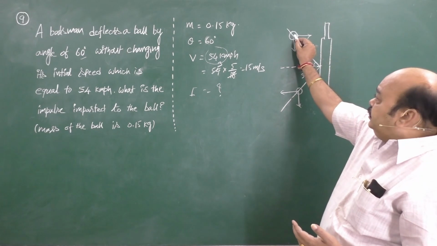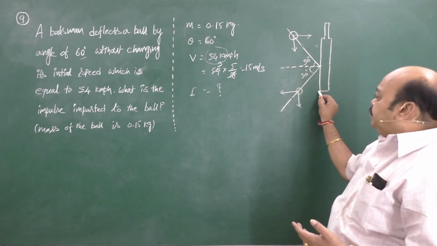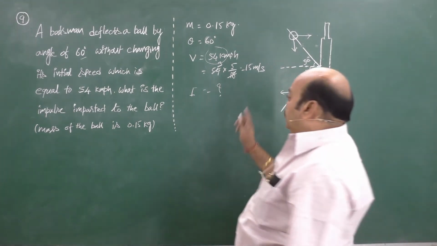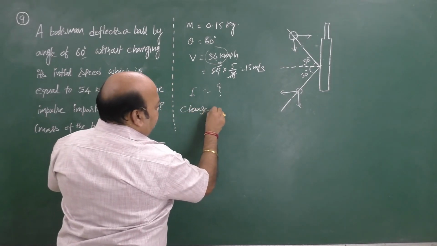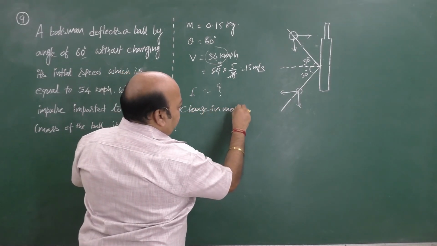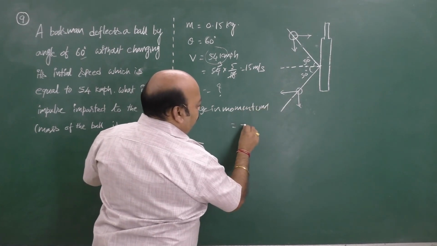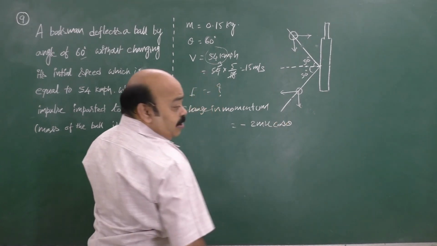If we consider this one as mu positive, this one should be away from the bat, so it is minus mu. So the net change in momentum is equal to minus 2 mu cos theta.